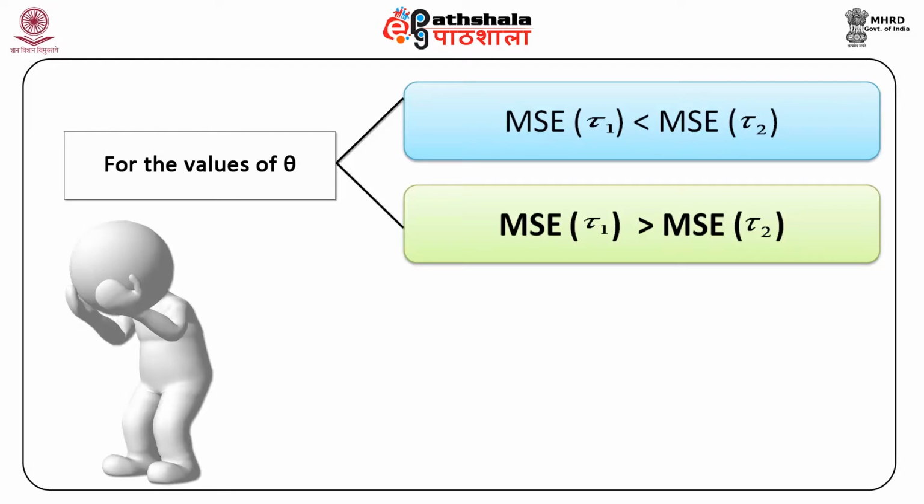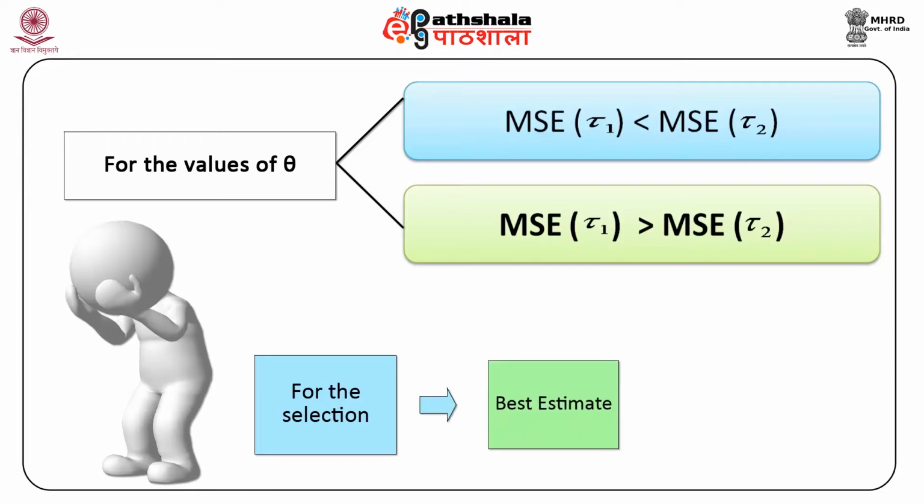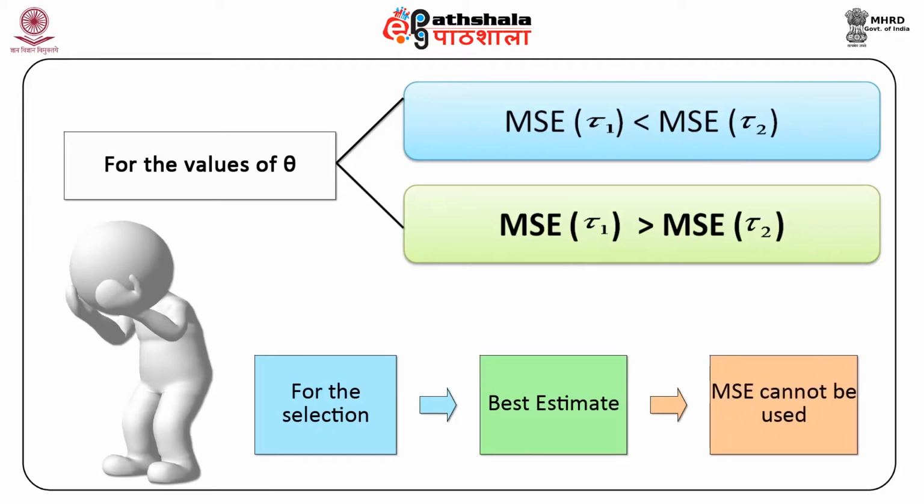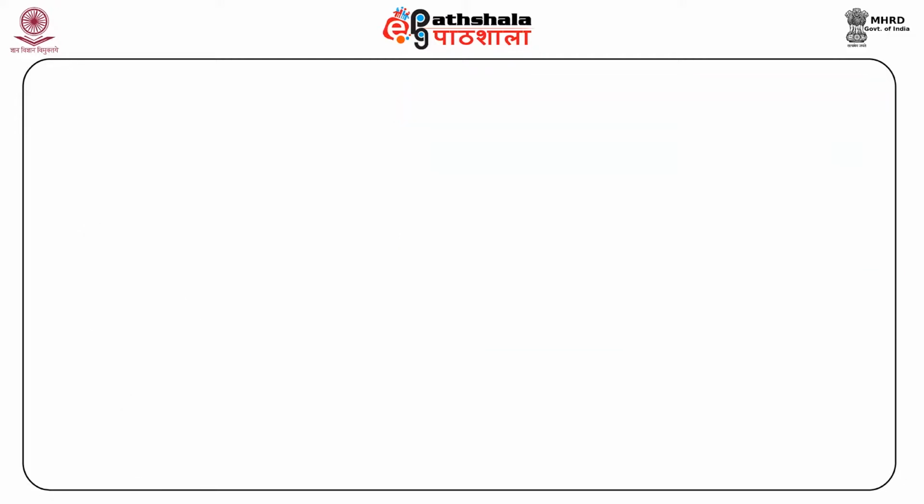We cannot therefore use the principle of minimum mean square error in the selection of the best estimator from among the several possible estimators. Hence, we need some other method for selecting the best possible estimator that is independent of the parameter value, when there is more than one possible estimator of the given parameter.